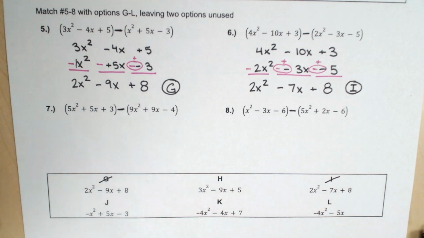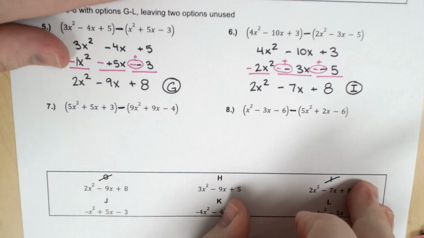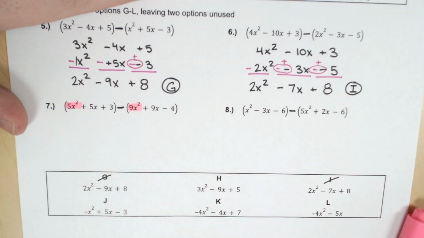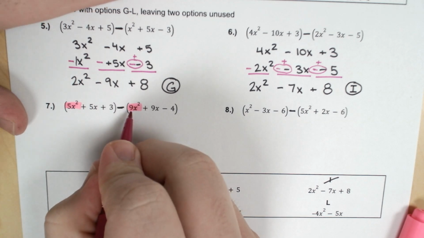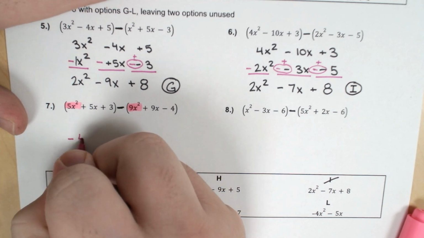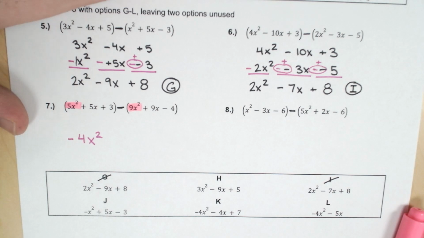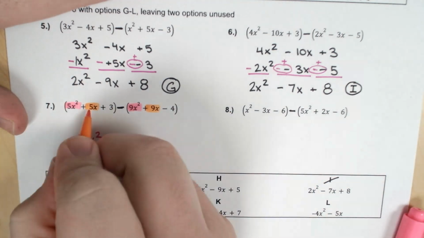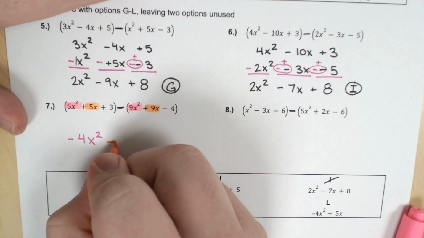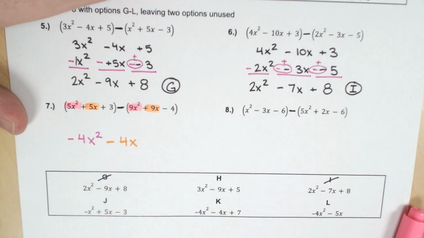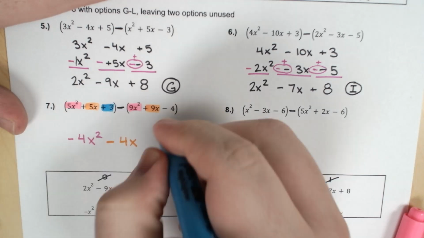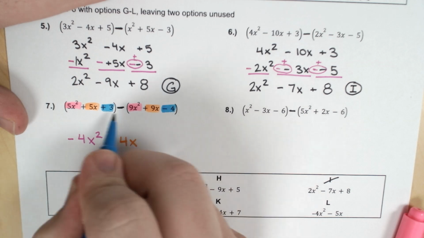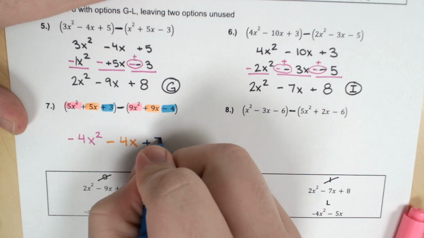Now, if you're one of those people that likes to just look at like terms, you got to be really careful here. 5x squared and 9x squared are like terms. 5x squared minus 9x squared is negative 4x squared. 5x and 9x are like terms. 5 minus 9 is negative 4x. 3 and negative 4 are like terms. 3 minus negative 4 becomes 3 plus 4 is 7.